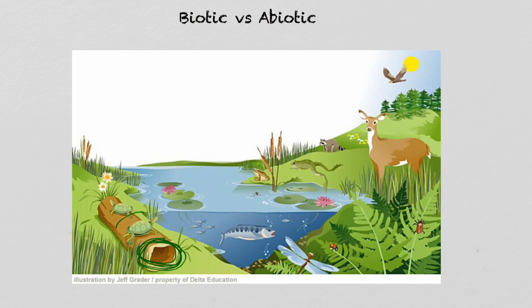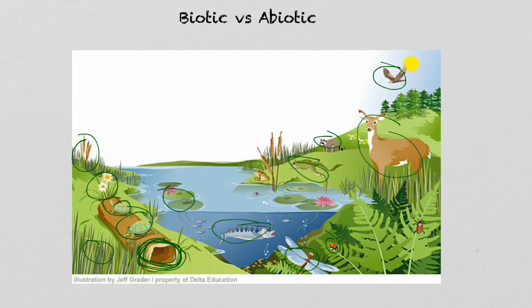Alright? So there's going to be lots of biotic things in this picture. We've got the log, the turtles, the flower, the cattails, the grass, the lily pads, the bugs, the fish, the frog, the raccoon, the deer, the hawk, the trees. We have a whole bunch of biotic stuff. And even this stuff down here is probably biotic as well, because it's probably just a whole bunch of dead stuff on the bottom of the pond.